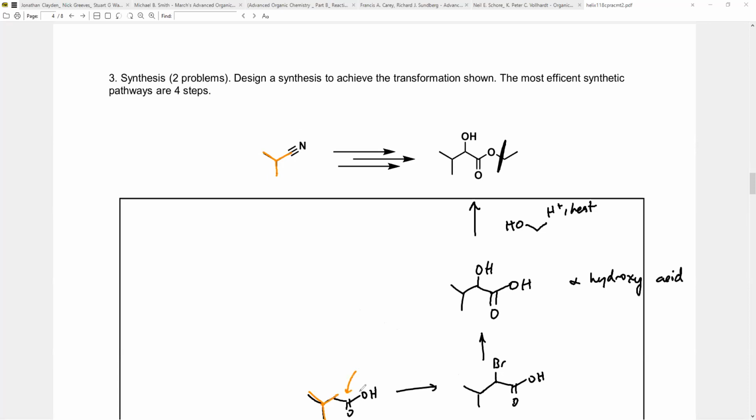This carbon is a little bit of a hard one to deal with, because we have to somehow transform this nitrile into a carbon that we can then transform or add on to another carbon. So we're trying to figure out a way. If we think about things we can do with nitriles, one thing you can do is turn them into CH2NH2, but that's not really going to help us, because how do we turn NH2 into acid? We don't know how to do that.